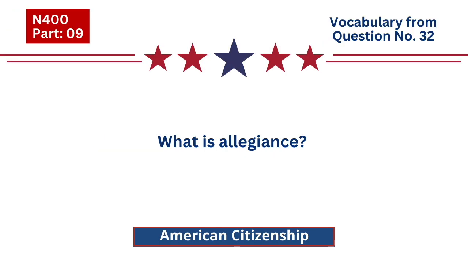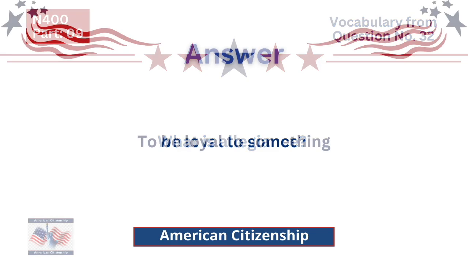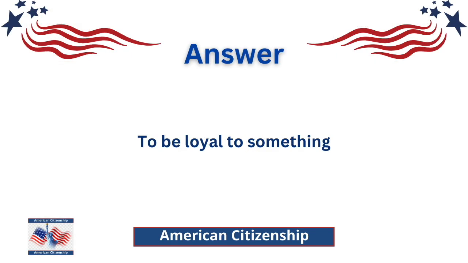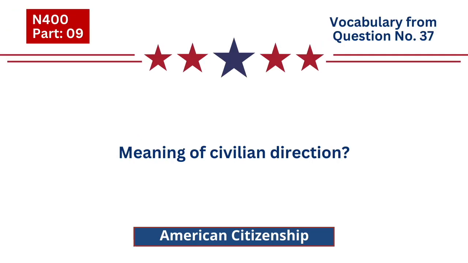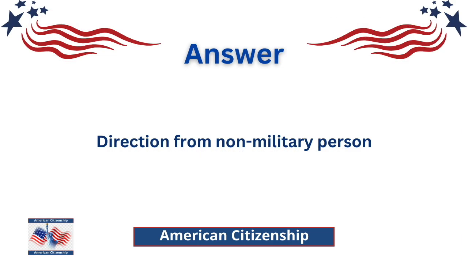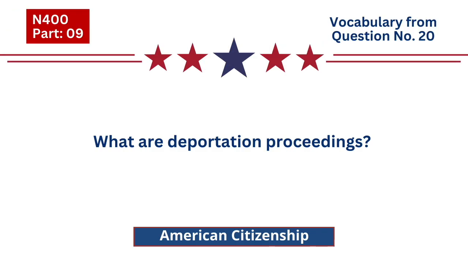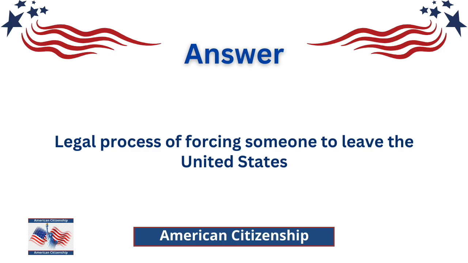What is allegiance? To be loyal to something. Meaning of civilian direction? Direction from non-military person. What are deportation proceedings? Legal process of forcing someone to leave the U.S.